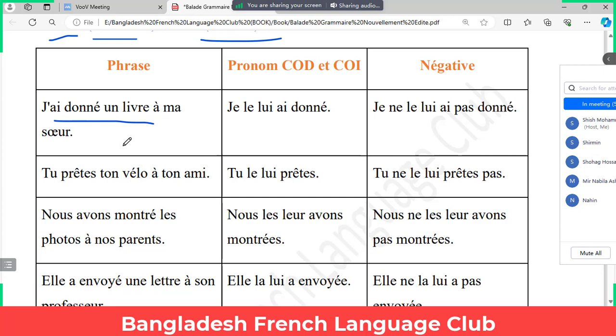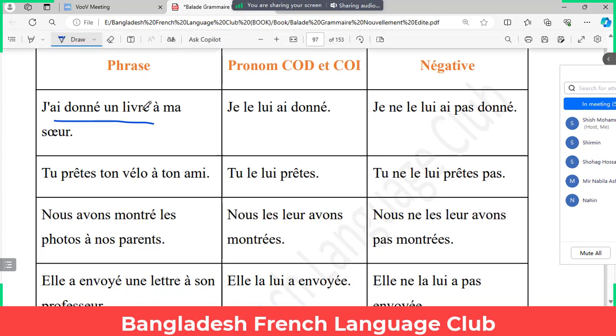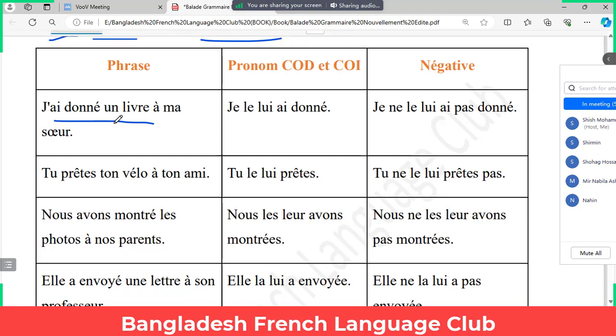Okay, Madam Sharmi, you can read it. Je donne le livre à ma sœur. So how many objects do you see here? Two objects. The first one is le livre, the second one is ma sœur.